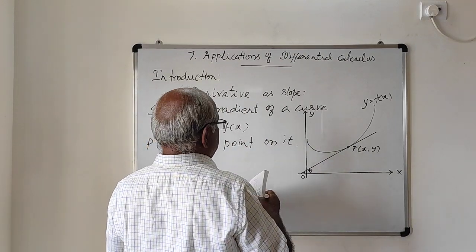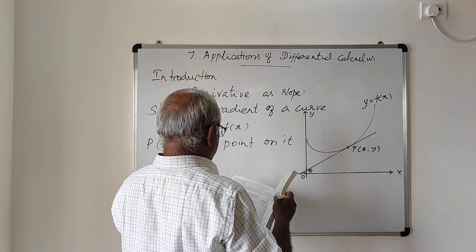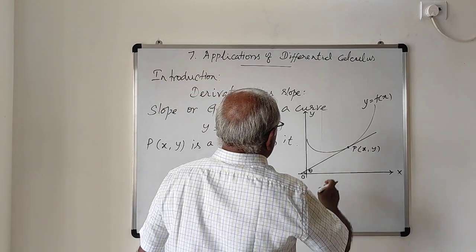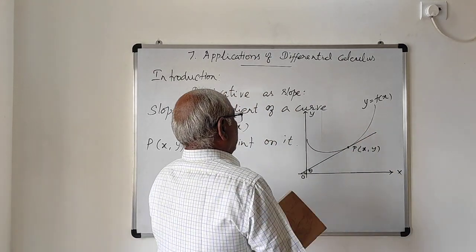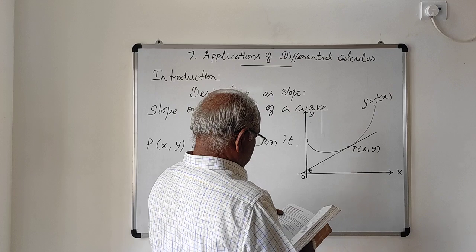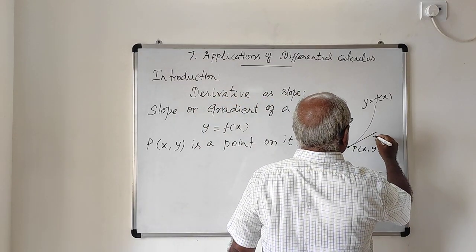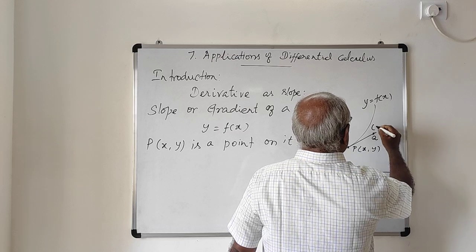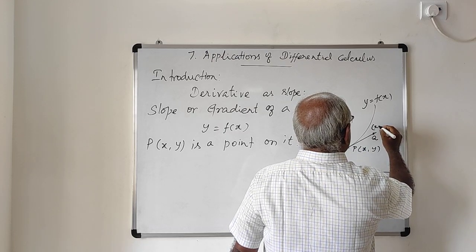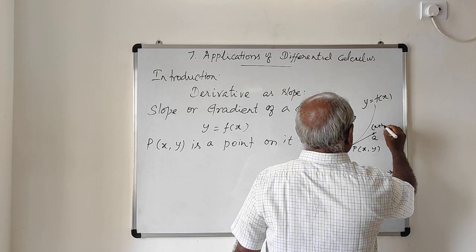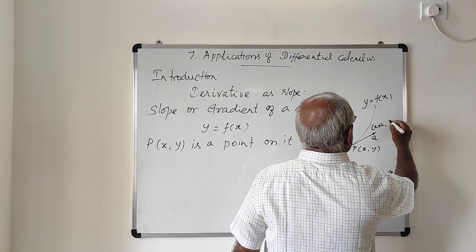the slope of the line joining two distinct points. There are two distinct points on the curve. P is x comma y. Suppose another point is Q, with coordinates x plus h and y, where y is f of x plus h.